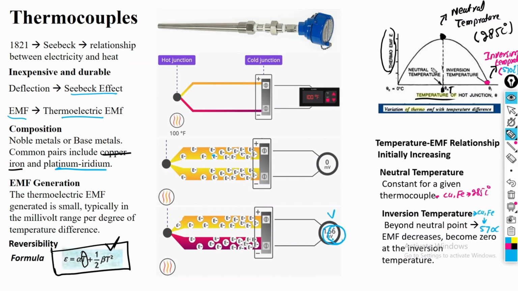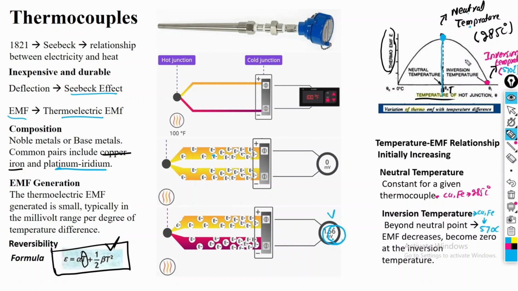And this is all about the graph. If we increase the temperature, the thermoelectric EMF of the given pair increases, and it reaches a specific point at which the thermoelectric EMF is maximum. The temperature at that point is called the neutral temperature.